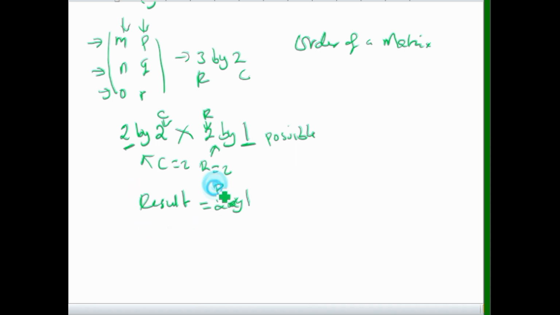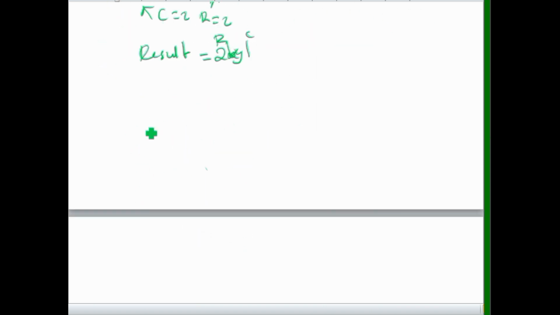Okay. What does that mean? It means that given multiplying two matrices, one matrix is an M by N matrix.